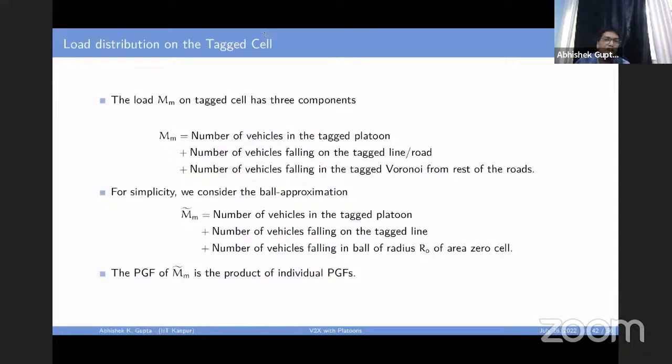Okay, and there is a Feller paradox or the Little's theorem which states that these two are different, which means if you take a user and ask about the size of the Voronoi of the base station it connects to, it is generally bigger than the typical base station cell, right?